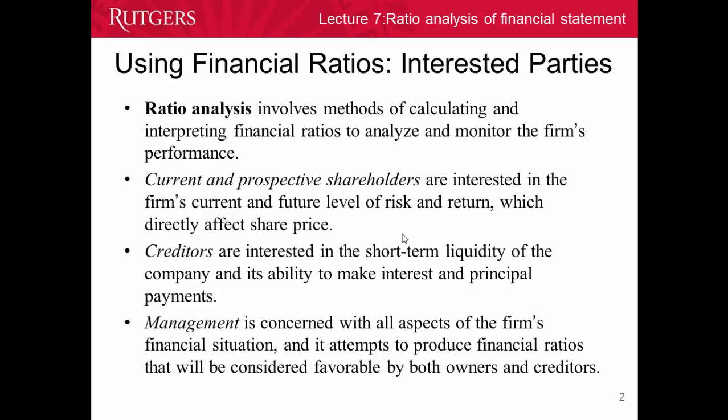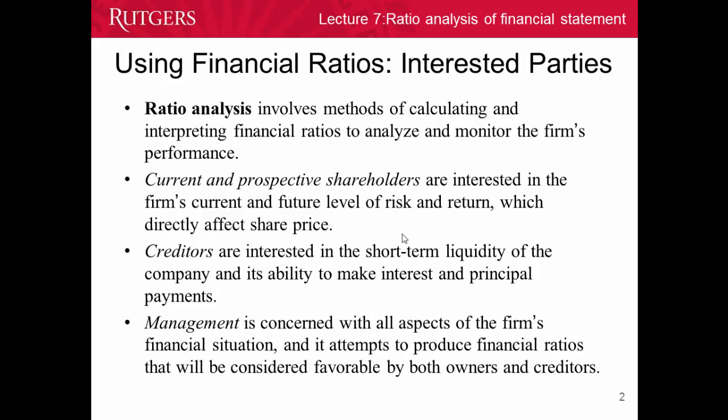Lastly, management is concerned with all aspects of the firm's financial situation. Management attempts to produce financial ratios that will be considered favorable by both owners and creditors, and these ratios will impact the firm's ability in financing.